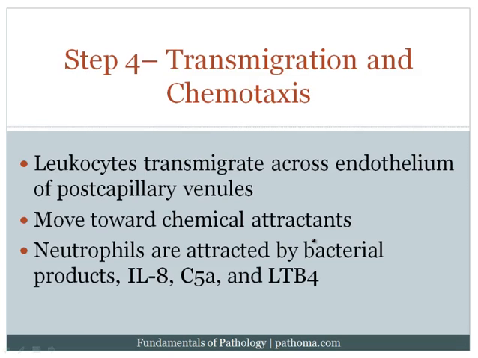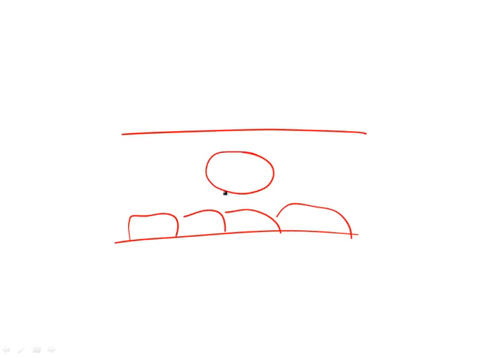and chemotaxis. Now, the idea here, again, I'm going to create a white screen for a moment. If this is the blood vessel, and the blood vessel is obviously lined by endothelium, and we've got this neutrophil, and the neutrophil is adhesed here, and it's stuck. The next step is that we're going to bring this neutrophil across the blood vessel. That's called transmigration, to migrate across.